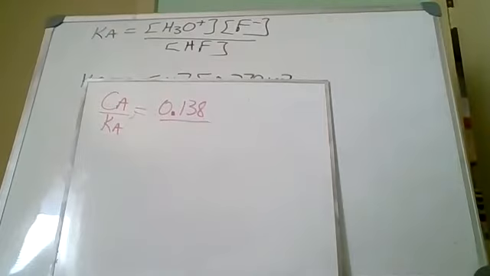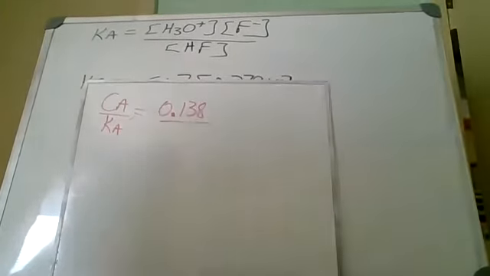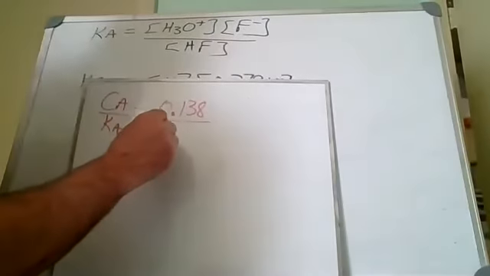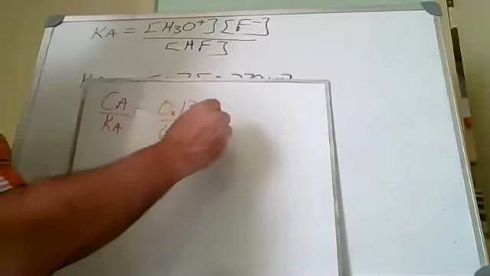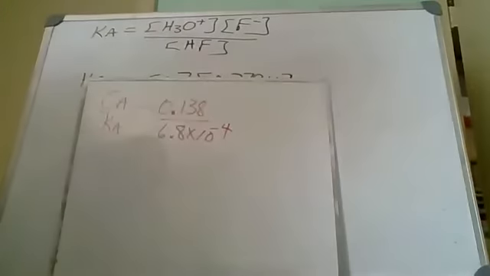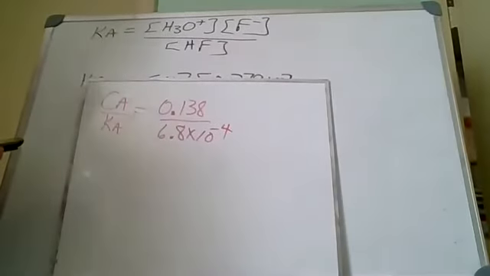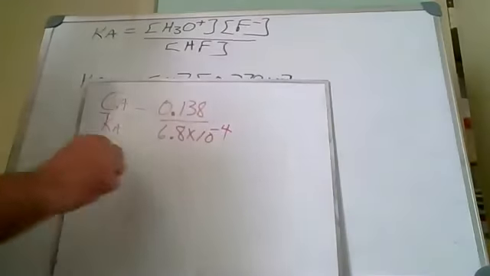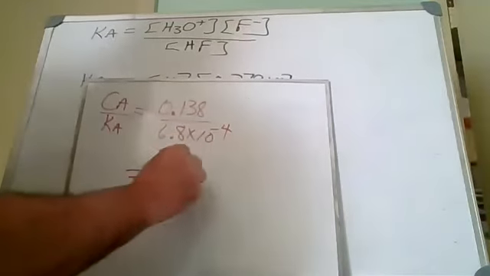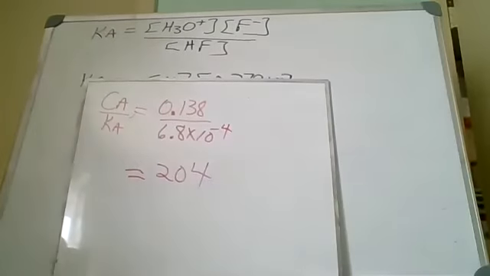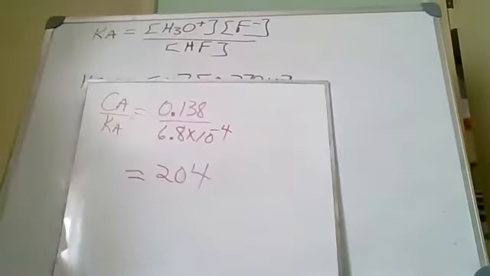In section 1, hydrofluoric acid, 6.8 times 10 to the negative 4th. That's going to be bigger than 100. Doing the calculation, it's 204. So we can go ahead and drop those x's. Okay, we good here?